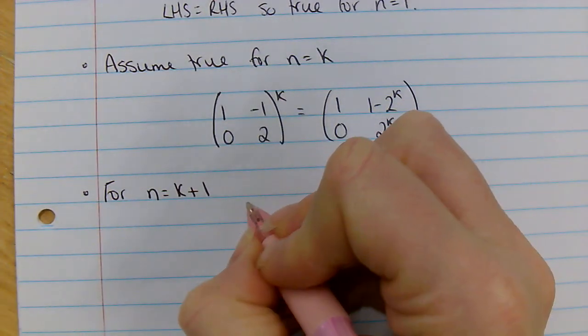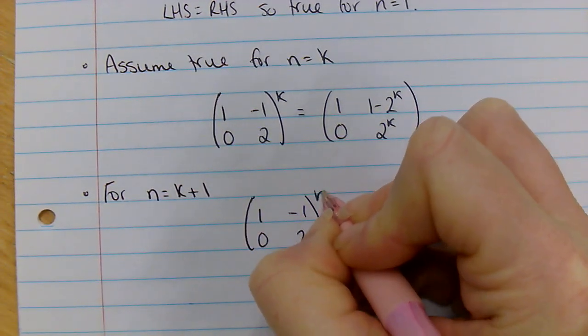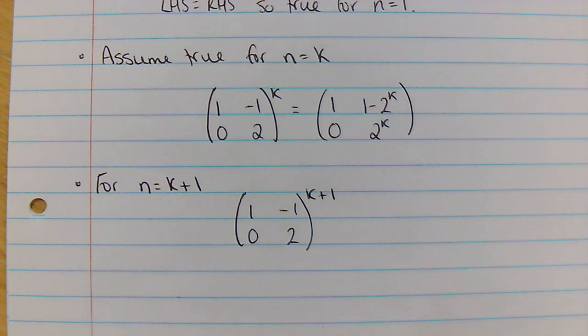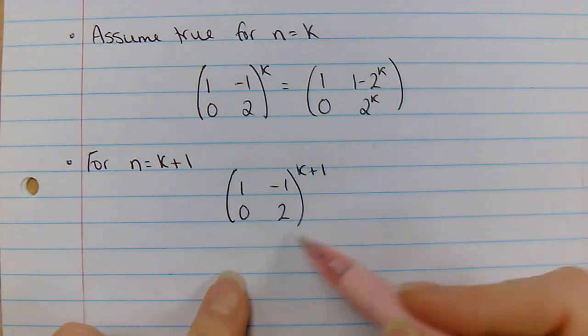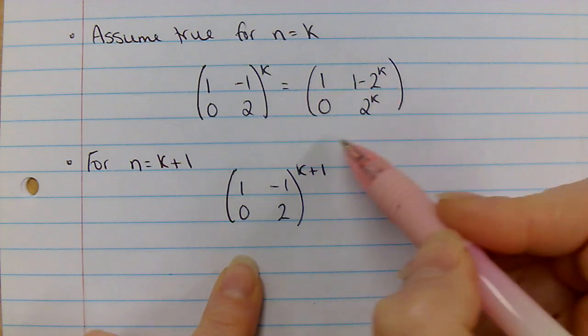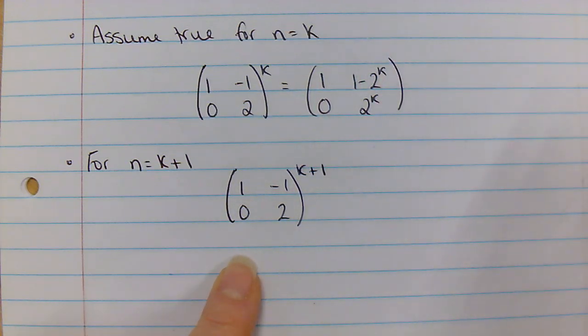Okay, so if we start with our (1, -1; 0, 2) to the power of k plus 1, we want to work with this to get to this plus 1, with all the k's being k plus 1. Does that make sense?